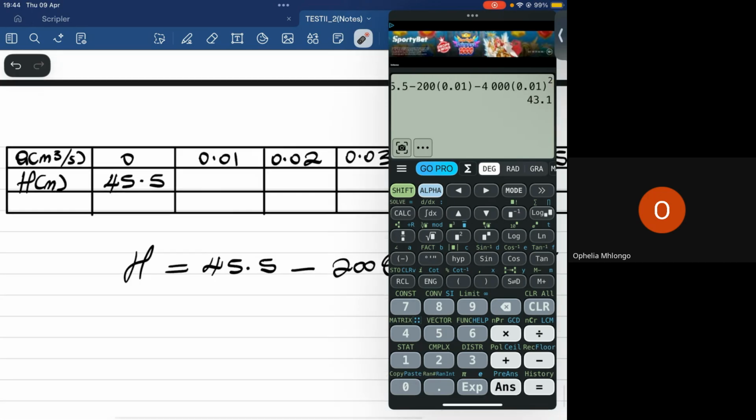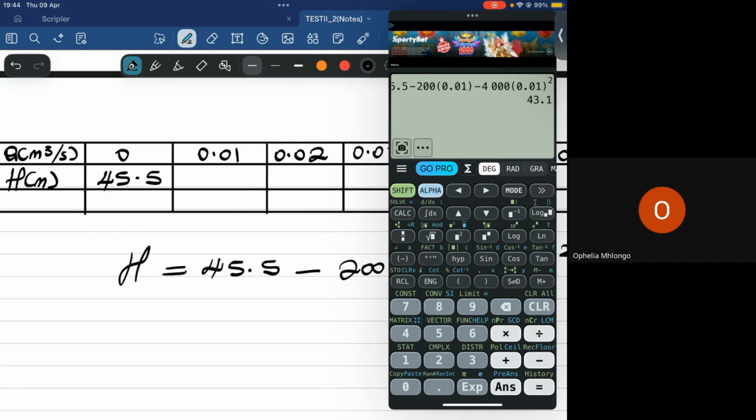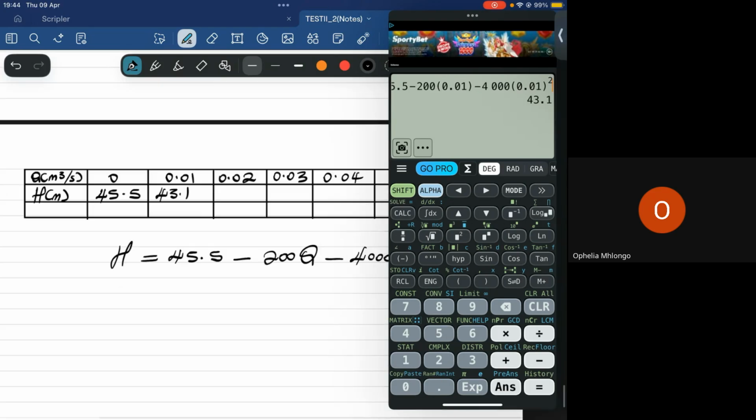So the second reading of the head is equal to 43.1.